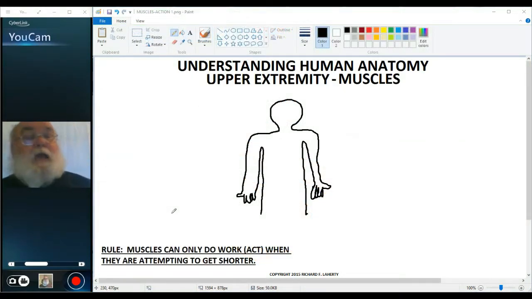One more common action, and again there'll be pairs, is abduction and adduction.